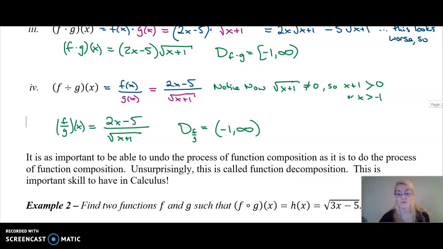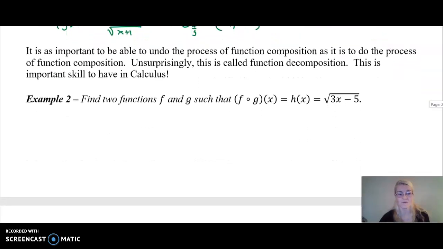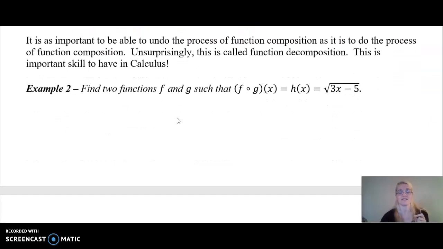All right, let's talk about composition one more time. It is as important to be able to undo the process of function composition as it is to do the process of function composition. Unsurprisingly, this is called function decomposition. This is a really important skill to have in calculus, especially when it comes time to take derivatives of compositions of functions.